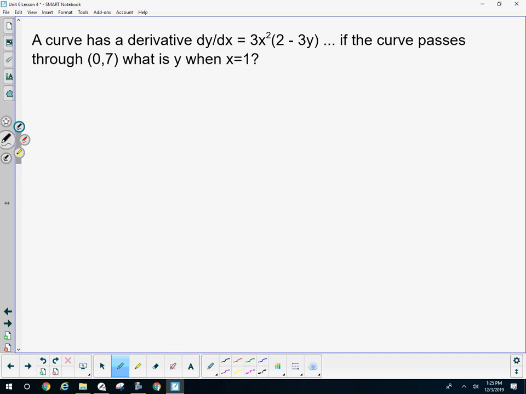You never want to end up adding or subtracting to separate your variables because it doesn't work like that. So, do not distribute. Instead, divide by 2 minus 3y. Multiply by dx.